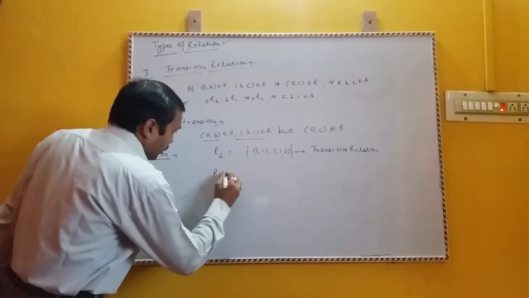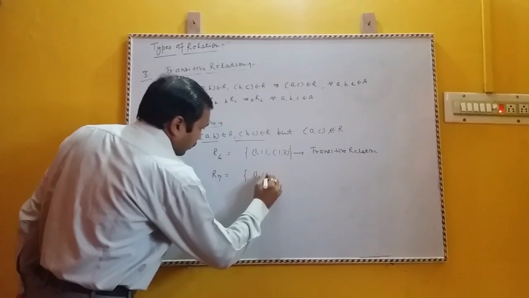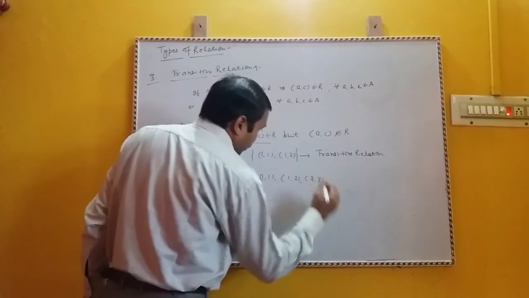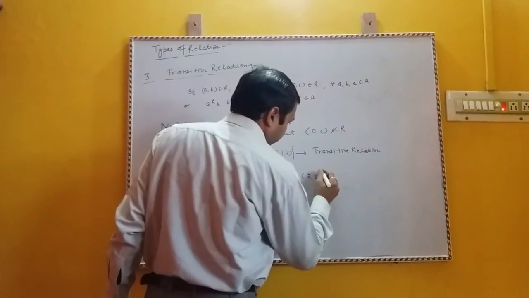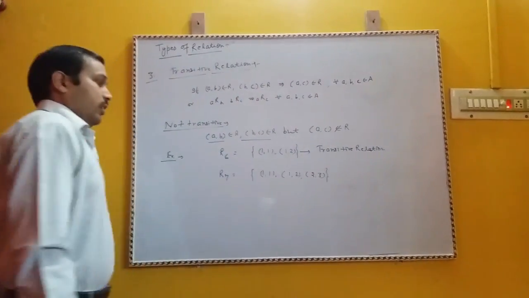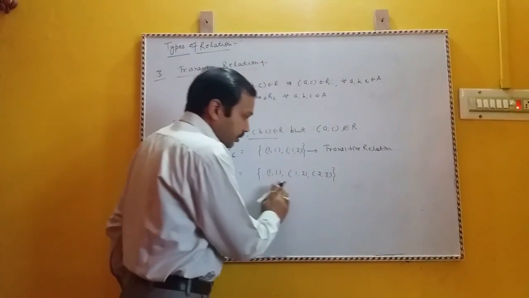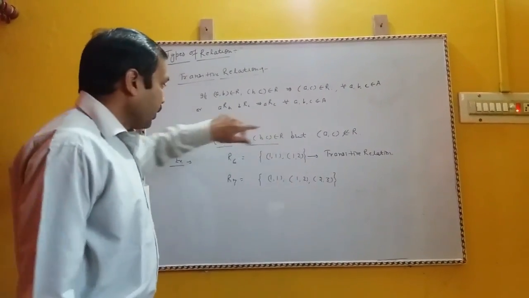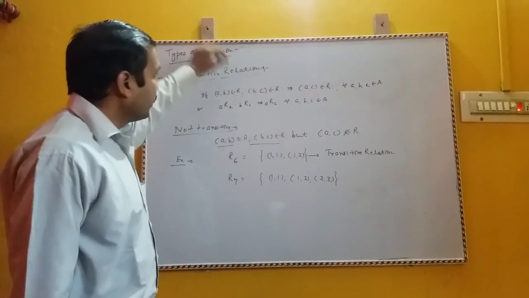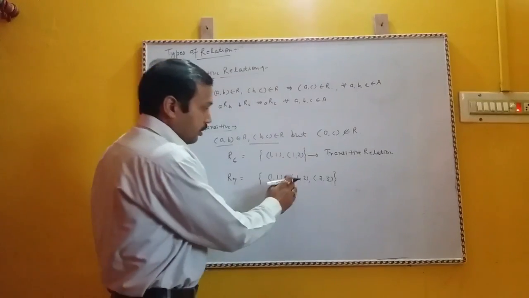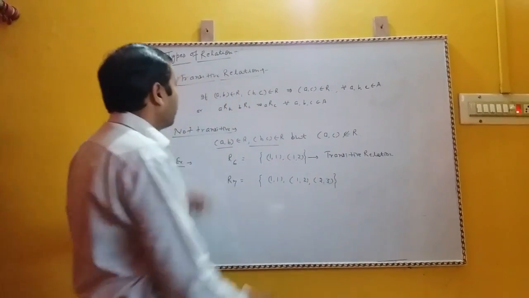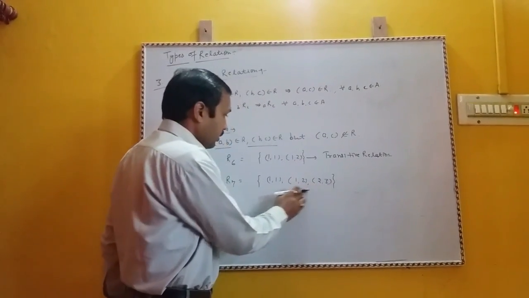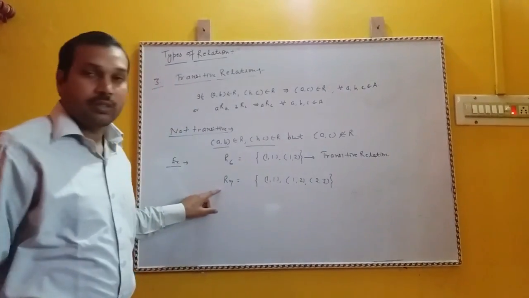Now take another example: (1, 1), (1, 2), (2, 3). We can see that this relation contains three ordered pairs. The first two pairs forming AB and BC satisfy the condition, but for (1, 2) and (2, 3), these two ordered pairs AB and BC, we must have (1, 3), and in this relation we can see (1, 3) does not belong to R7.